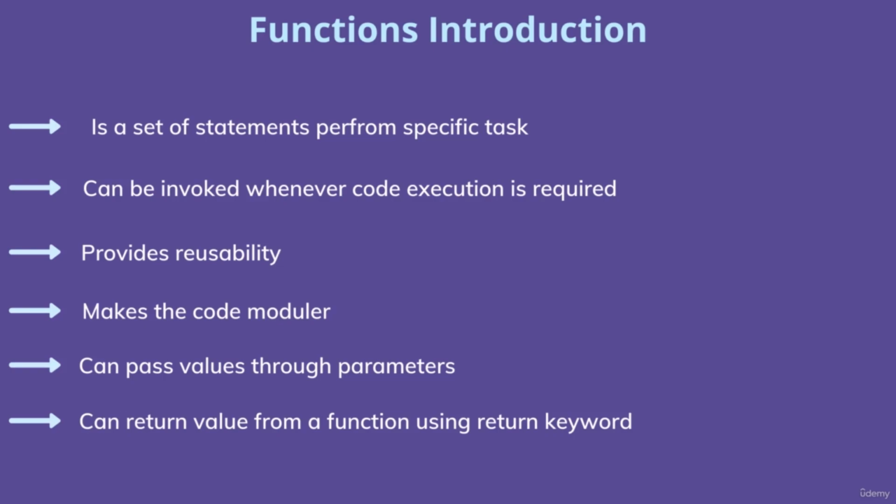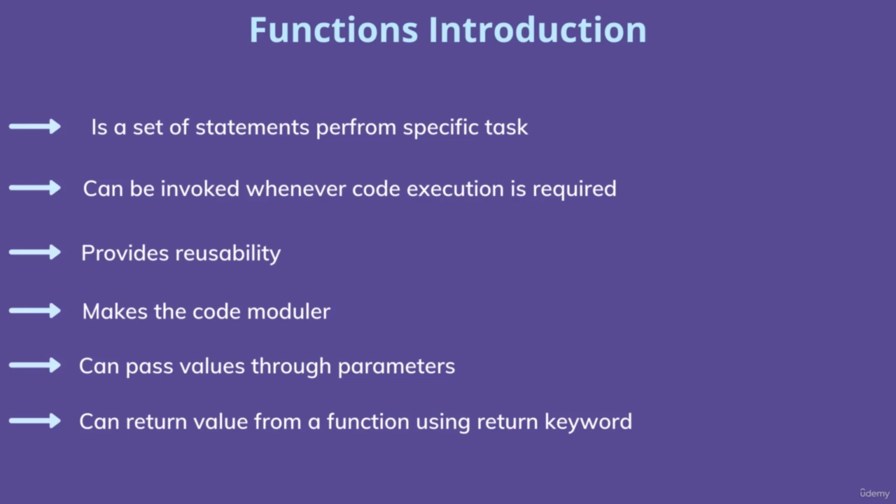While defining the function, I can pass parameters as well, so that whenever I want to supply some value from the calling environment, meaning when I am invoking it, I can do that.